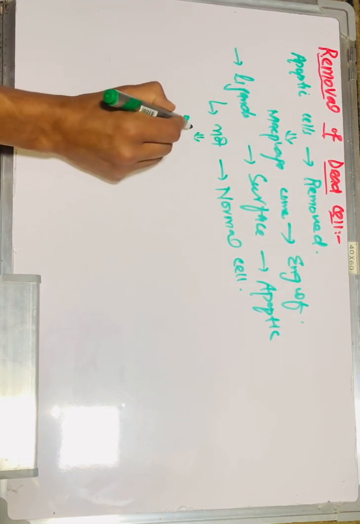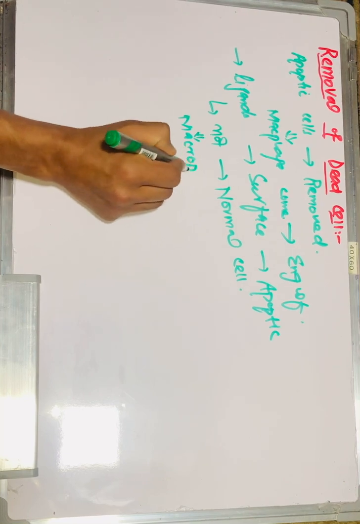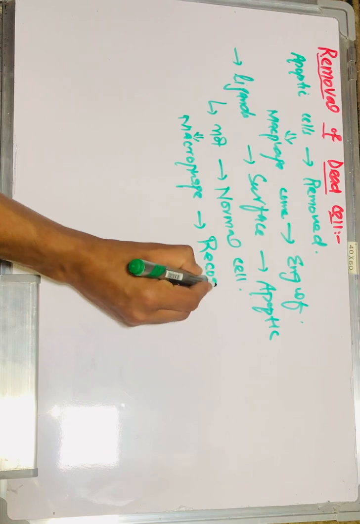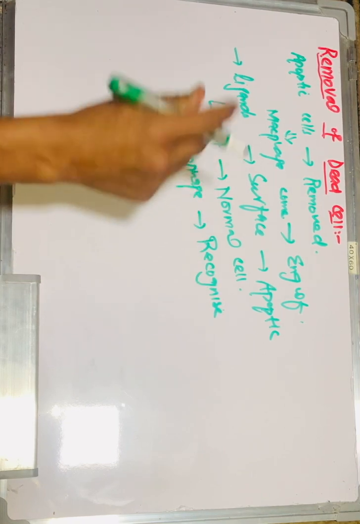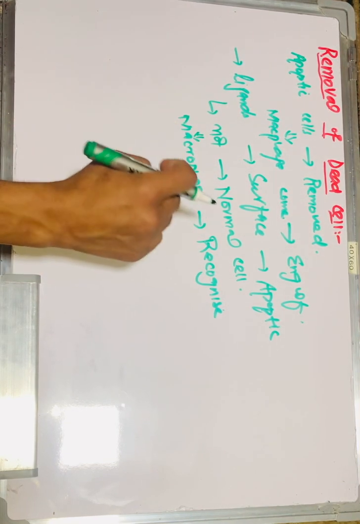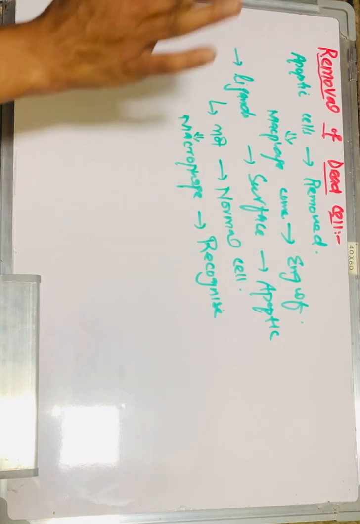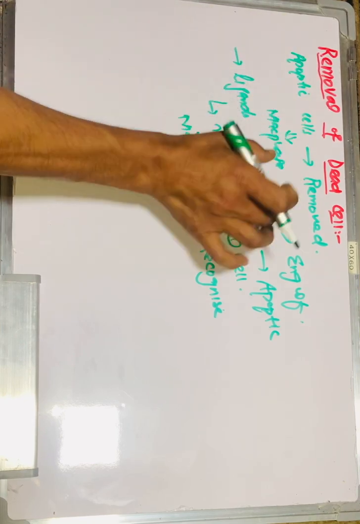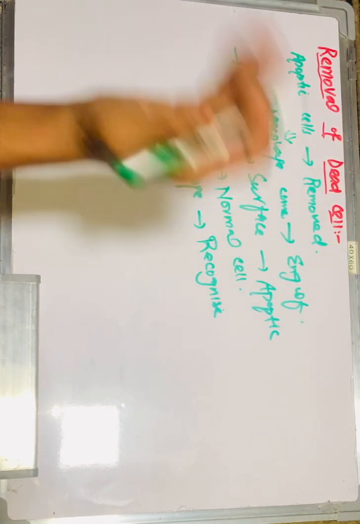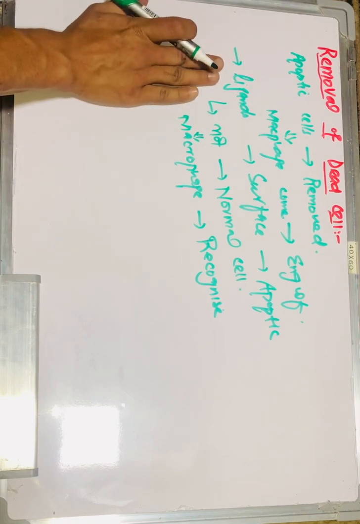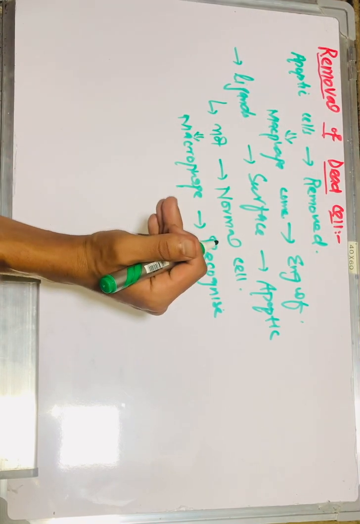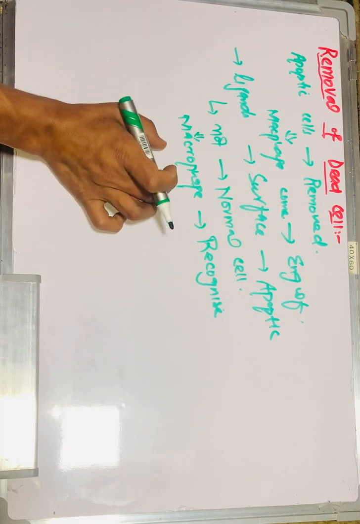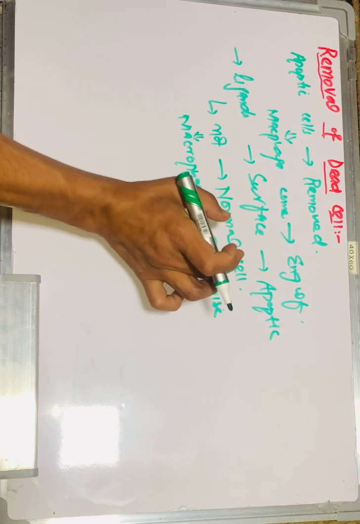Macrophage will come, recognize that cell and engulf it. We know that the cell is apoptotic because there are some ligands on the surface of apoptotic cells rather than normal cells. So macrophage will come and engulf that cell.